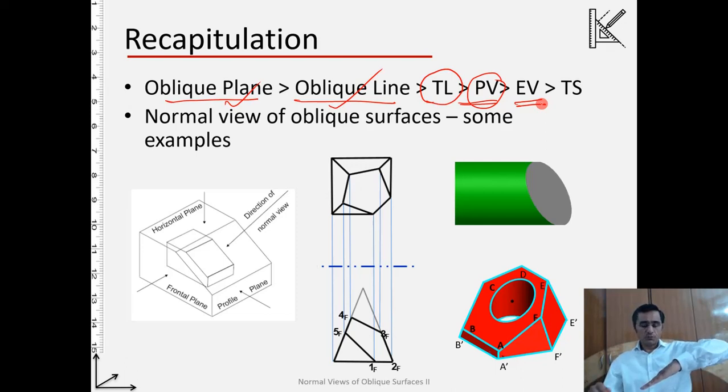What we do, we take another auxiliary plane, and the condition is the edge view of the oblique plane and the edge view of the auxiliary plane, both are parallel. Okay, if they are parallel, that is how the condition is. So the oblique plane now can be projected onto the auxiliary plane as a true shape. Okay, so that's the oblique one and that's the auxiliary one here.